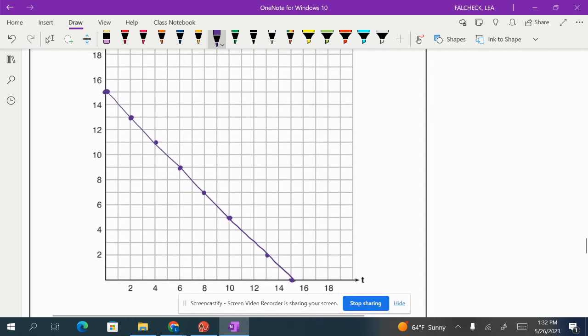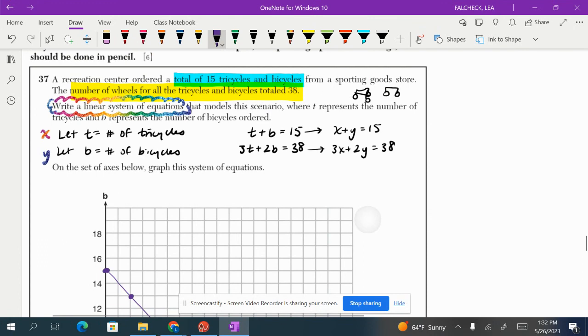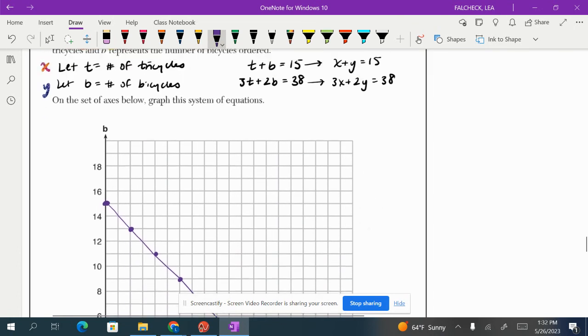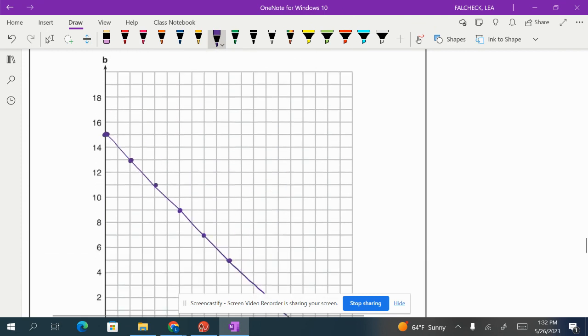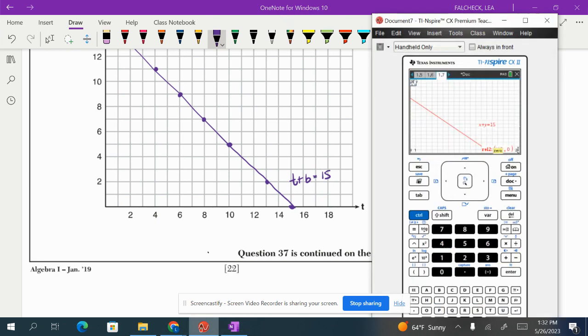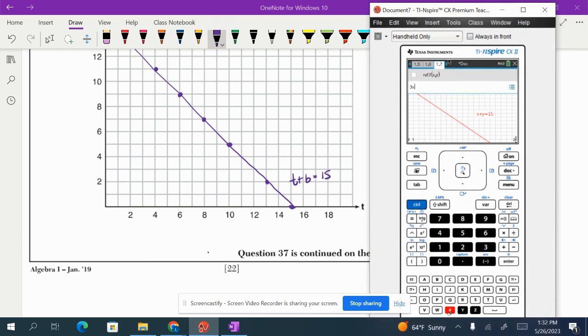And then I've got 3x plus 2y equals 38. I'm going to label this guy. All right.